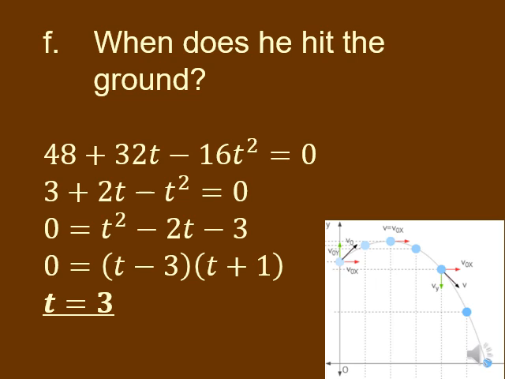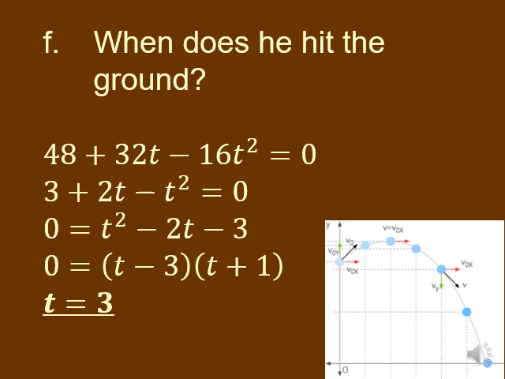To make things a little bit easier, I first of all divided everything in the problem by 16. And that's where I got 3 plus 2t minus t squared equals 0. Then I moved everything over to the right-hand side. The reason I did that was so that t squared would be positive, because I can factor when that happens. I can't really factor when there's a negative t squared.